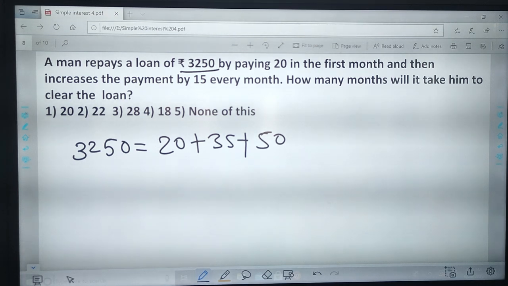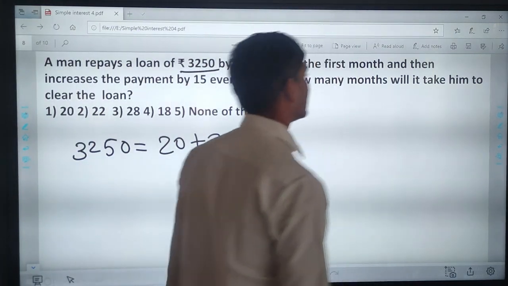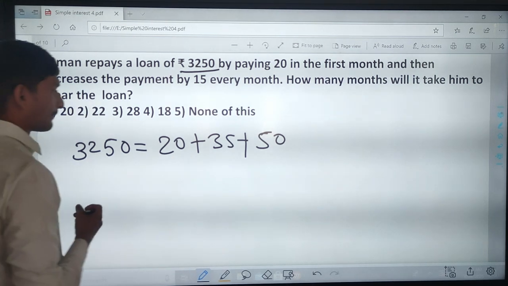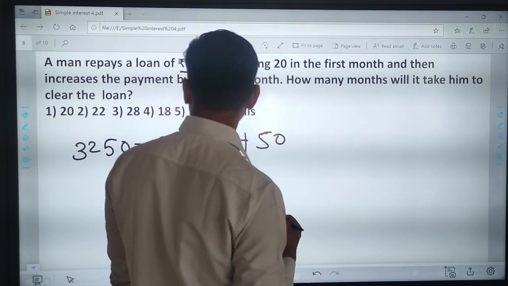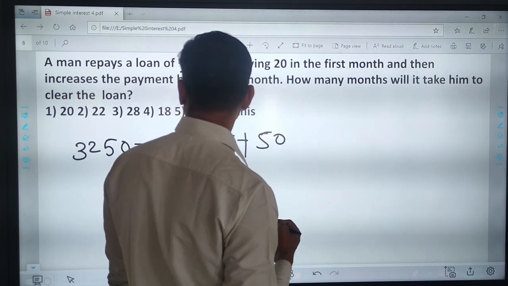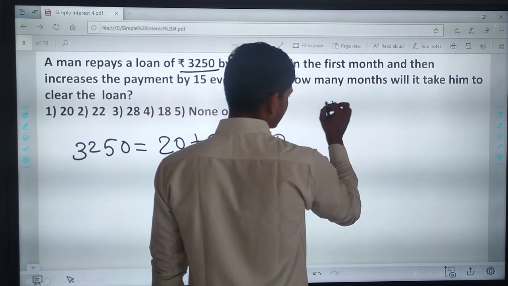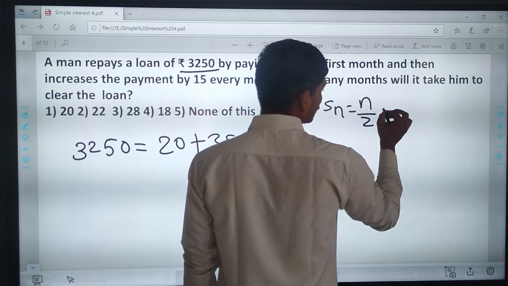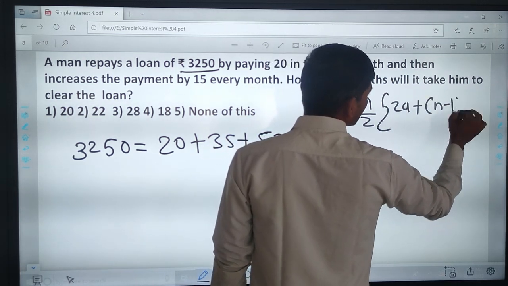Now here we write the formula of Sn: n upon 2 into (2a plus (n minus 1) d).